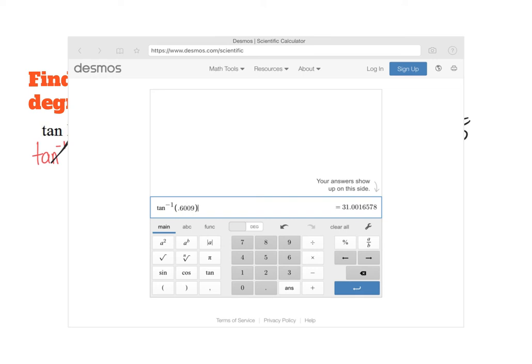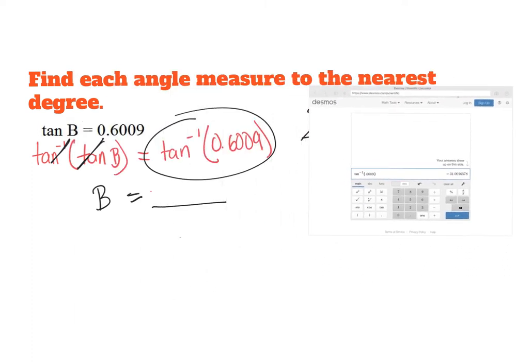I'm going to round that to the nearest degree. So this 31 point something means 31 degrees approximately. My answer will be approximately 31 degrees. That's telling me that the angle measure for my triangle is 31 degrees without me having to measure it with a protractor.